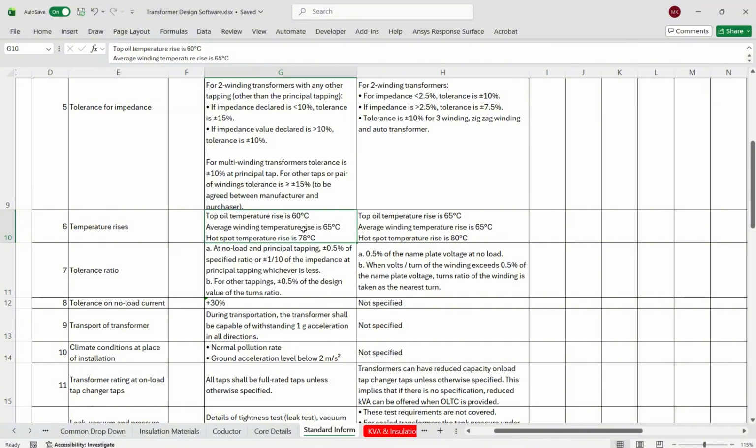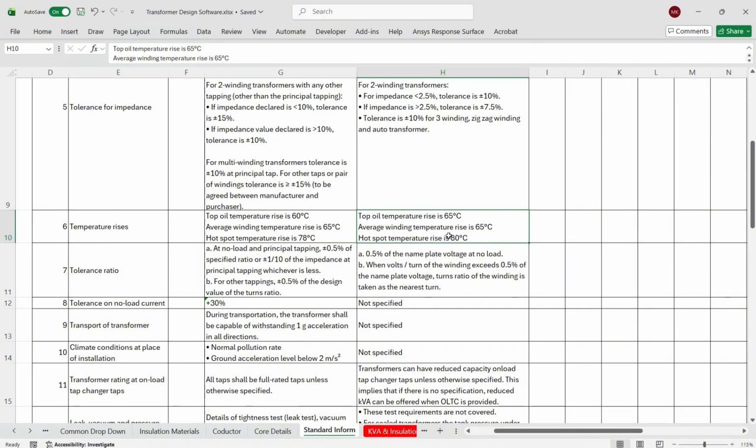Hot spot temperature rise is 78 degrees Celsius, whereas for IEEE, the top oil temperature rise is 65 degrees Celsius, here 5 degrees more, and the average winding temperature rise is 65 degrees Celsius. It's interesting to know that if it goes to 65 degrees Celsius, the top oil should be less than that. So it will stay on it.